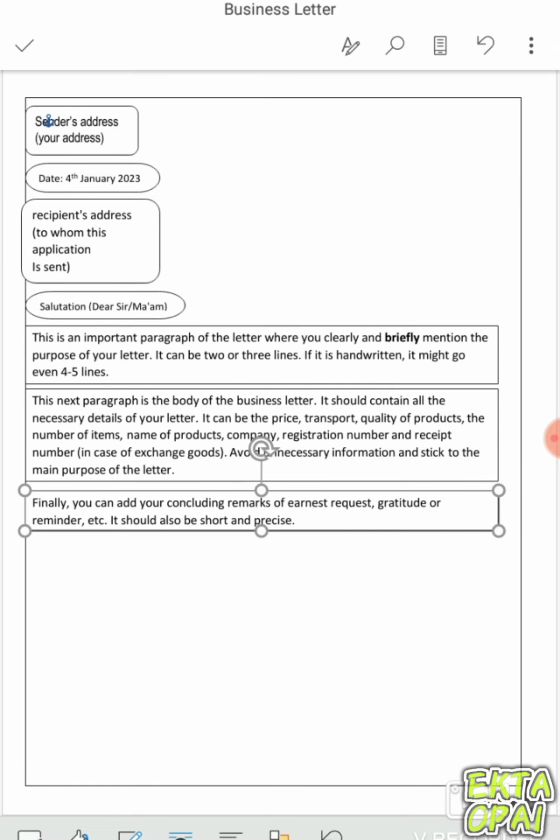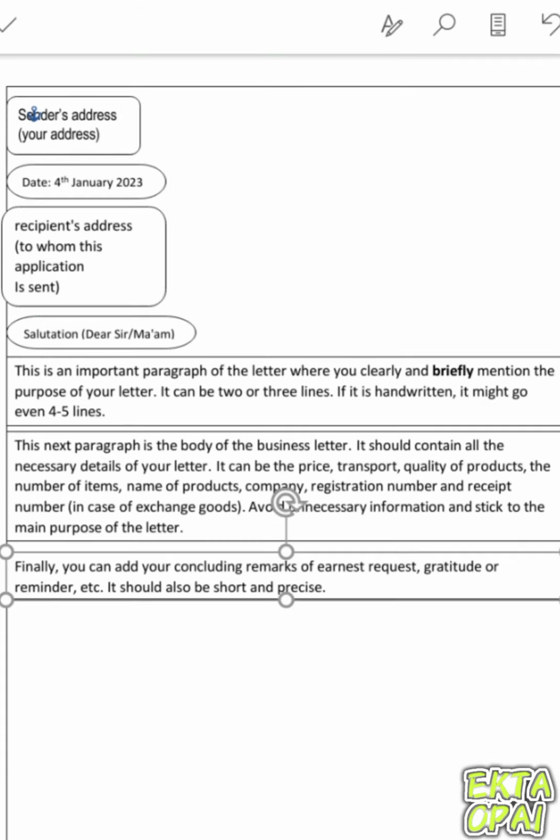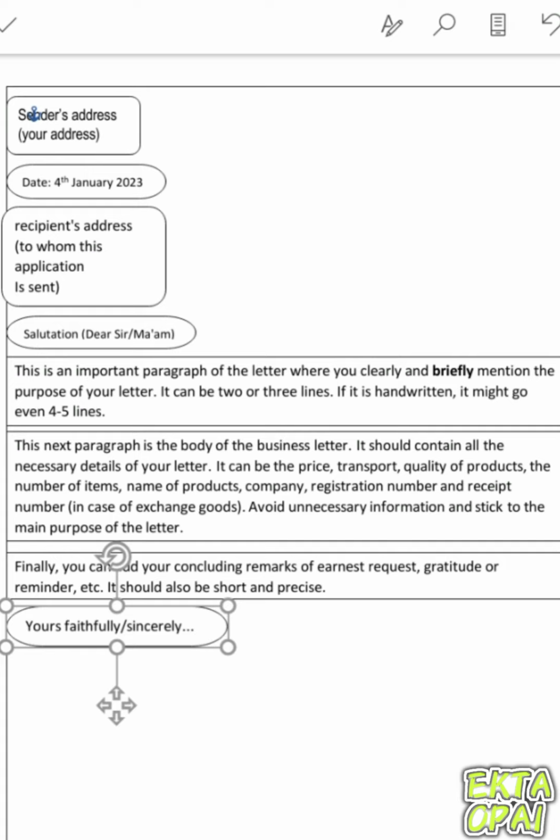Then finally, in our conclusion, we may put in our concluding remarks or earnestly requesting, gratitude, reminder, or even warning in certain cases. But of course, remember to keep the whole thing short and on point.